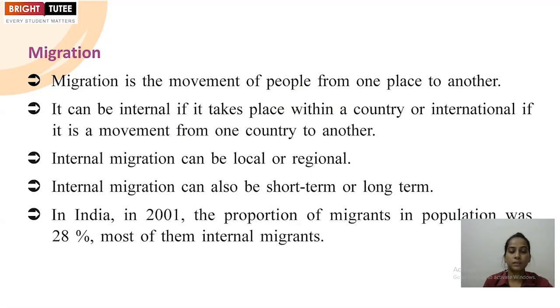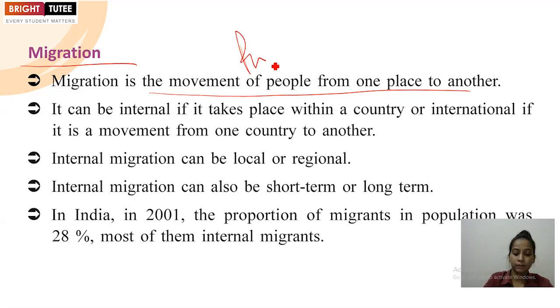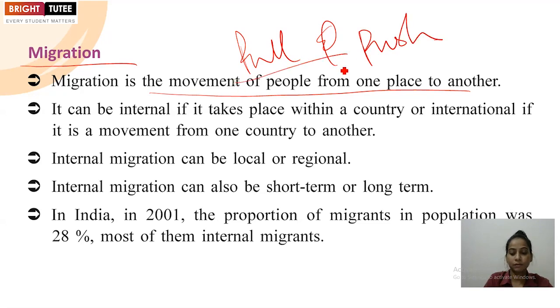The next topic under social demographic structure is migration. Migration, we know, is the movement of people from one place to another, and different pull and push factors can be there for that migration. For different reasons and purposes, people move from one place to another in search of better job opportunities, better health facilities, or many other reasons.